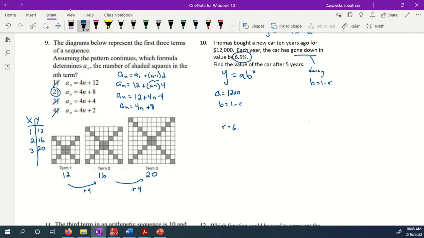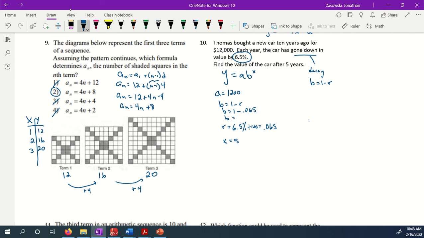So remember, we're going to divide that by 100 and get 0.065 for the decimal. We can't use the rate, okay, as a percent. We need it as a decimal. And then x, which is the time, is in years, and that's 5 years. So b equals 1 minus 0.065.